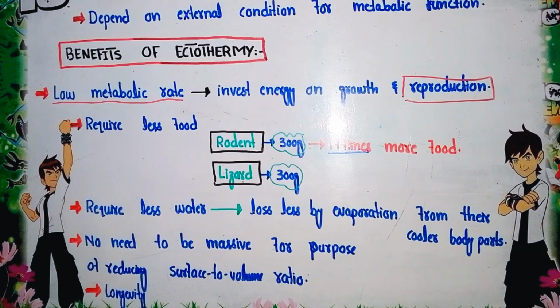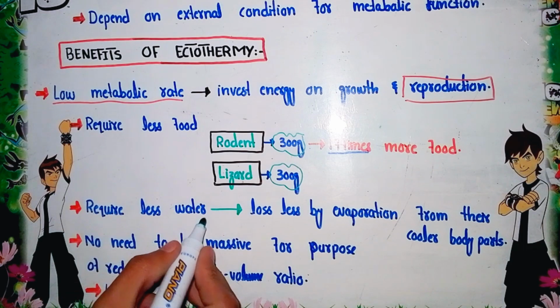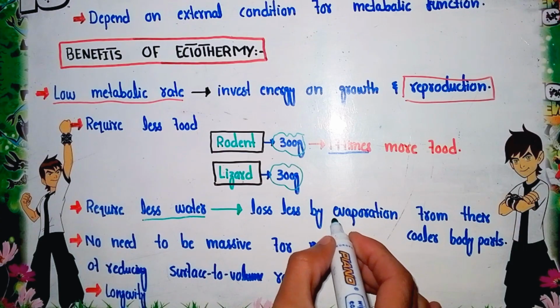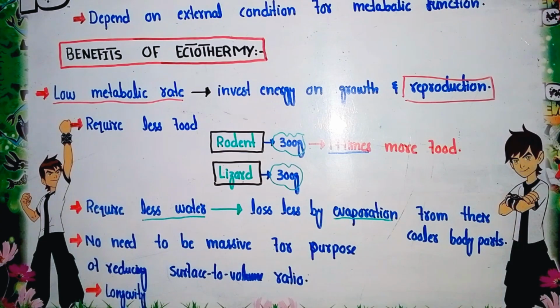Now the third one is that they will require less water, because they will lose a lesser amount of water by evaporation from their cooler body parts. So due to less evaporation, they will require less water.